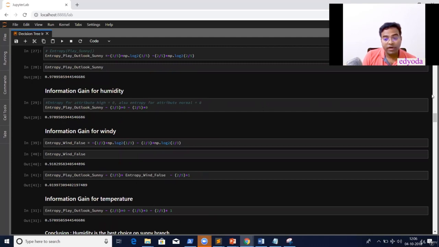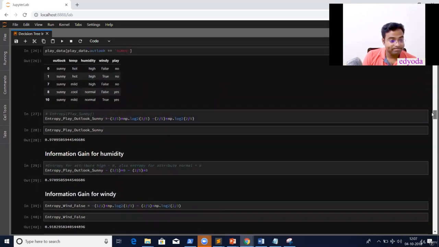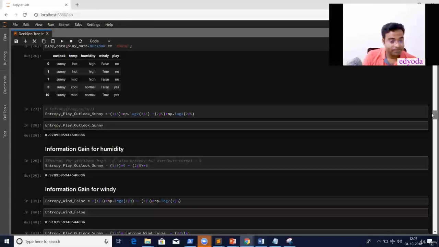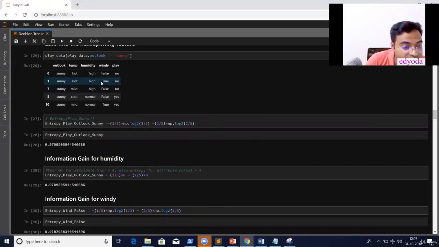So when you're dividing by humidity, you can see here humidity high. There are 2 classes, and for high, it is all no. For normal, it is all yes, right?